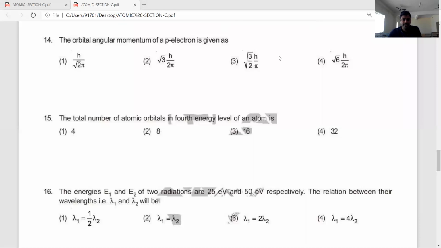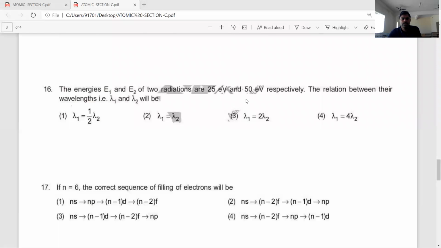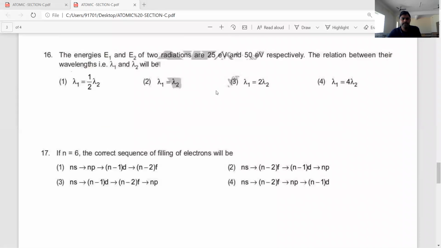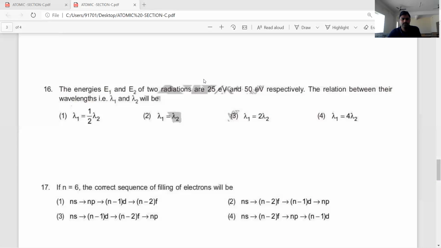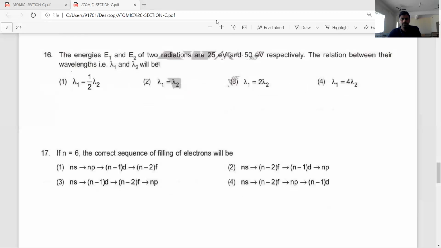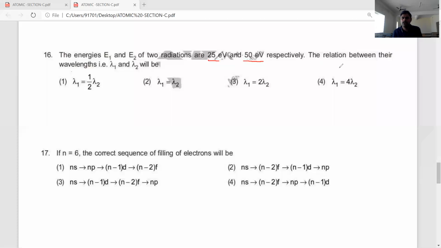Okay, next, the 16th question, which you can easily solve based on the concept. The energies E1 and E2 of the radiations are given in electron volt units. Whatever the units, don't worry about the units first. For these energies, the wavelengths are lambda 1 and lambda 2.